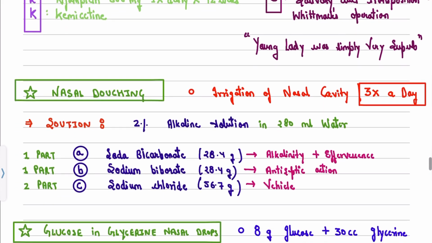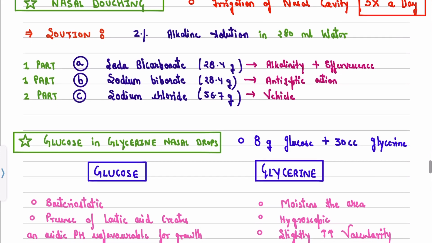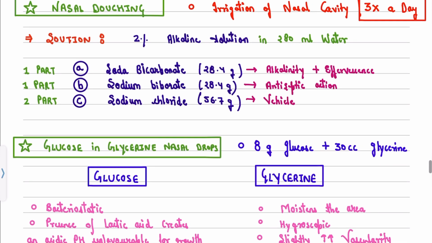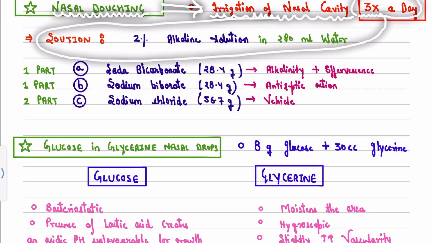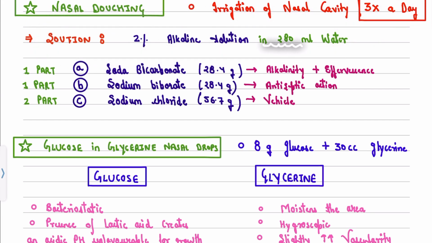Now let's study the medical management in a bit more detail. First medical management is nasal douching. How do we define nasal douching? It is the irrigation of the nasal cavity. We irrigate the nasal cavity 3 times a day using a 2% alkaline solution mixed in 280 ml water.